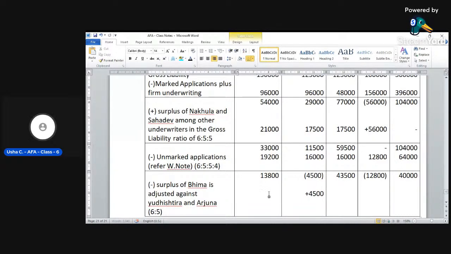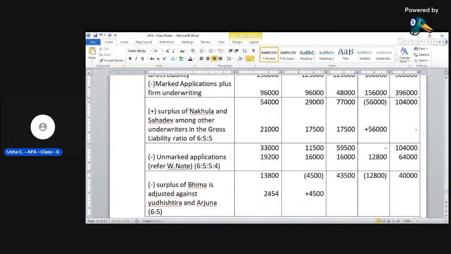4,500 into 6 divided by 11. How much is it? 2,454.5454. We can round it off to 2,454.